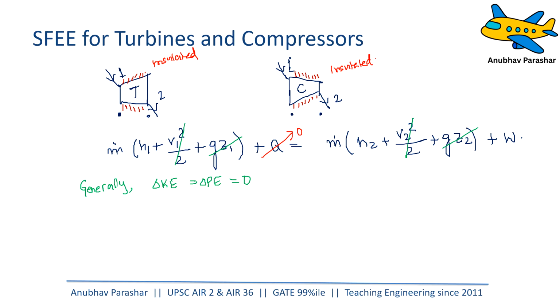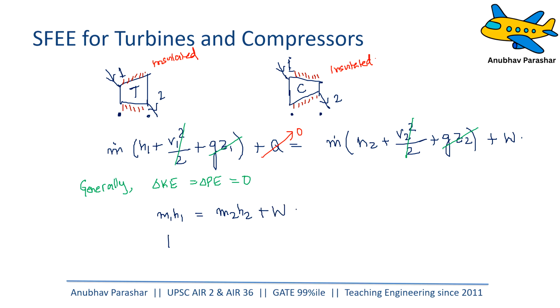So now the equation reduces to something like this: m1 H1 plus Q, Q is equal to zero, is equal to m2 H2 plus work done, right?